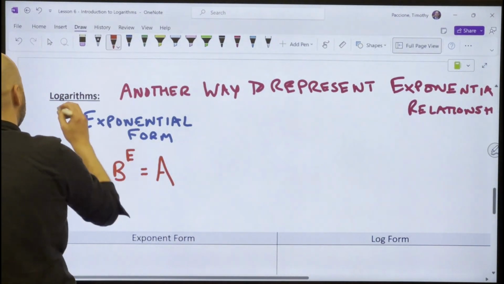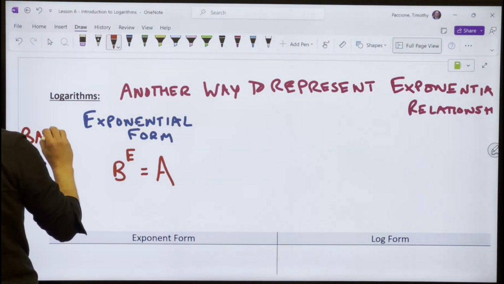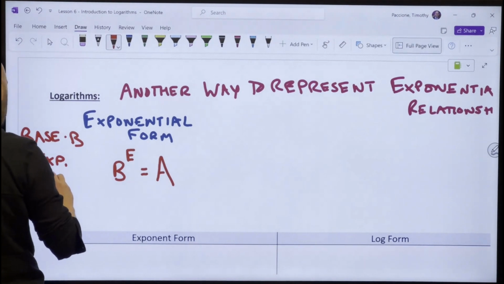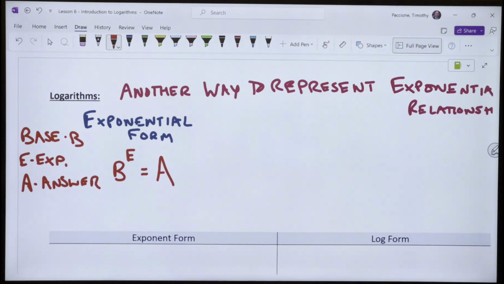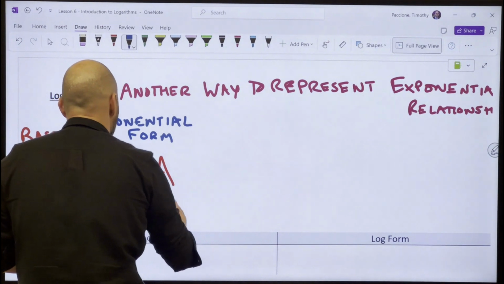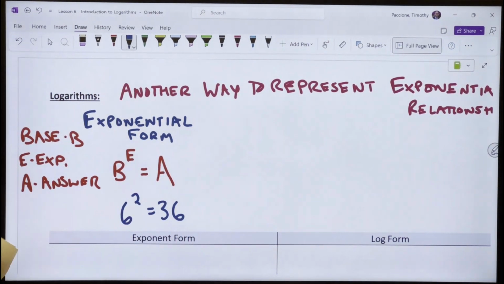You might see other different ways of writing this, but you got your base, you got your E, which is your exponent, and you got your A, which is your answer, right? So for instance, you might have 6 squared equals 36, right? Base, exponent, answer. That's how we write them normally, okay?